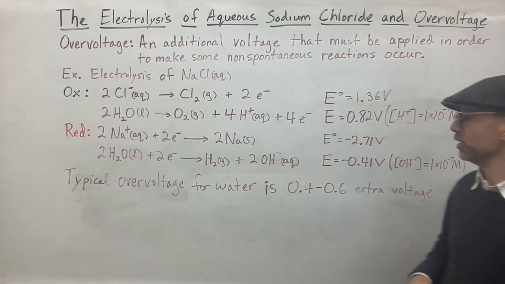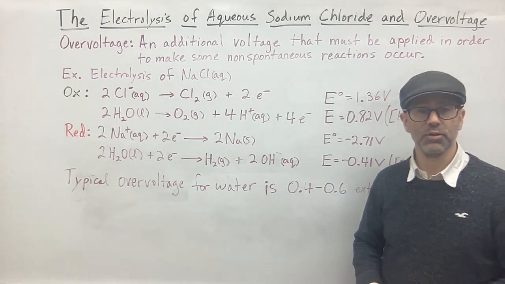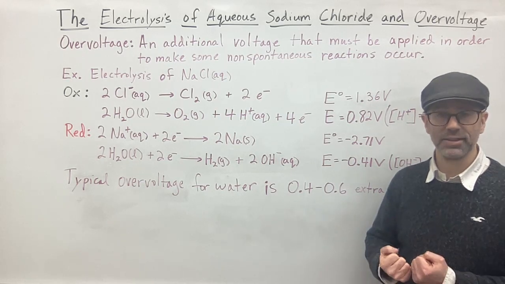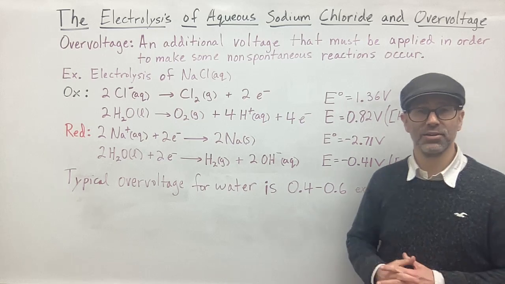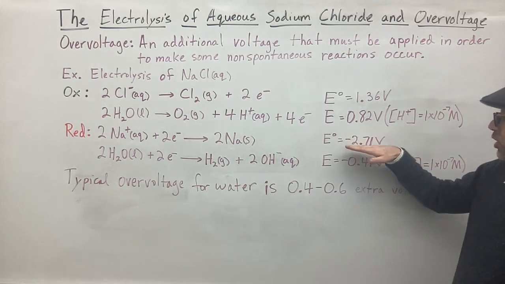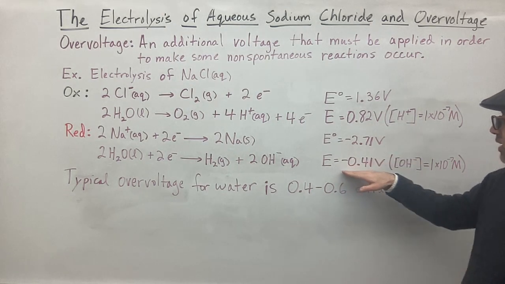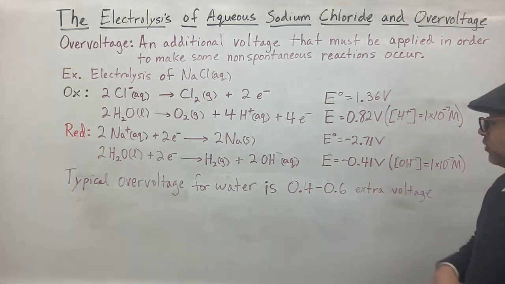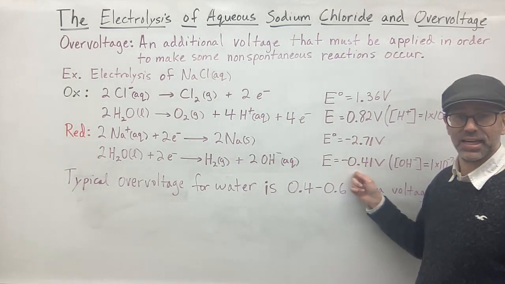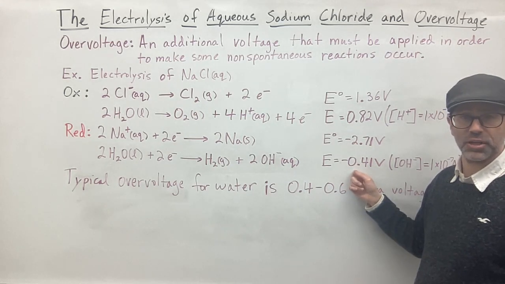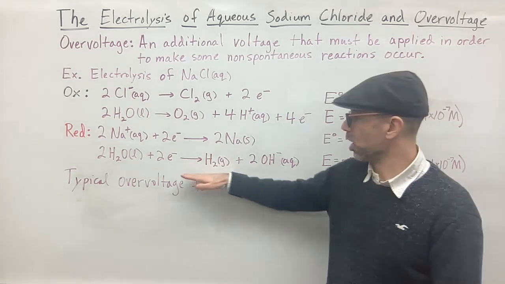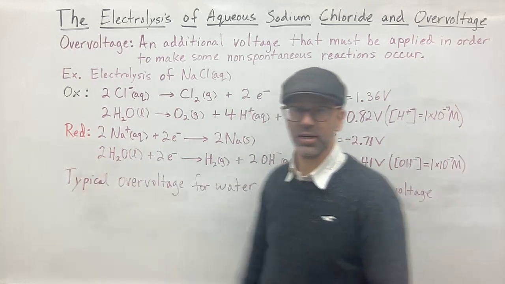Here, we want the more positive electrode potential, because it attracts the electrons more, so it's more easily reduced. Here we have a negative 2.71, and here a negative 0.41. So water has a less negative, or more positive, electrode potential, and we would predict that water would be reduced at the cathode.